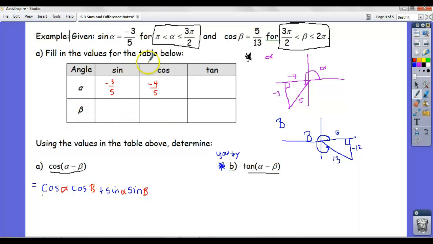And then beta, the cosine of beta we were given, so we'll just put it here. And the sine of beta, we'll look at the diagram, would be negative 12 over 13. Great. And now we substitute.